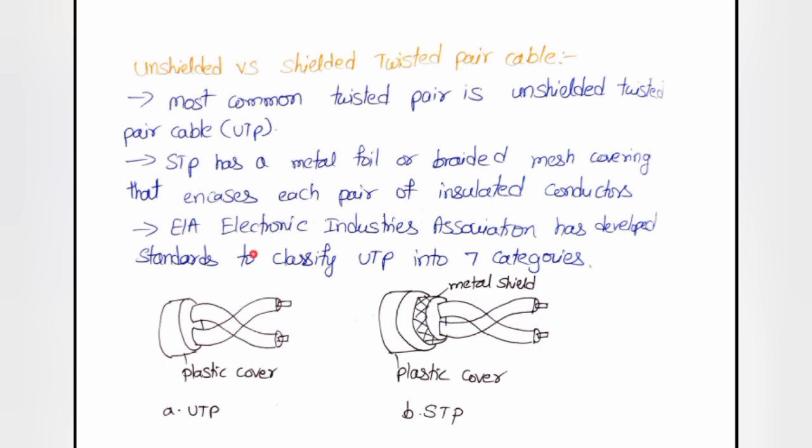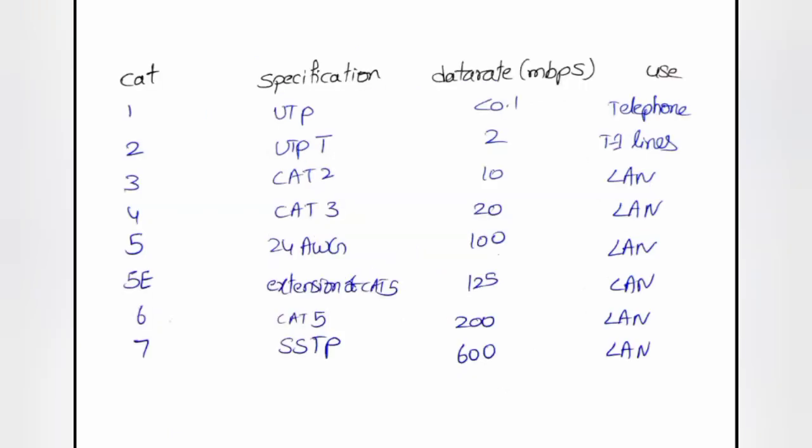Okay. So the Electronic Industries Association has developed standards to classify UTP into 7 categories, category 1 to category 7. Category 1 UTP: the data rate is less than 0.1 megabits per second and the use is for telephone lines.